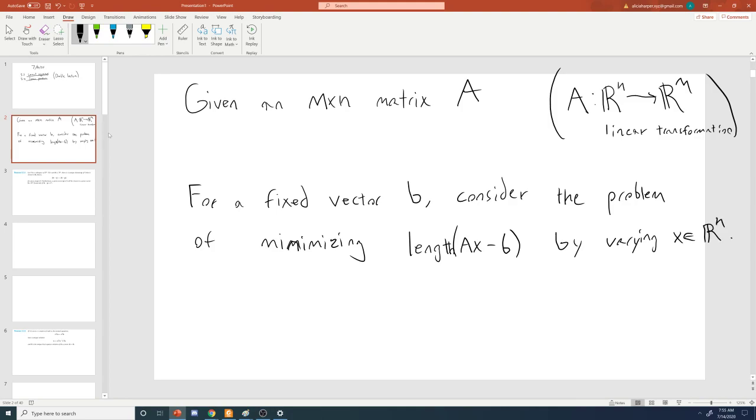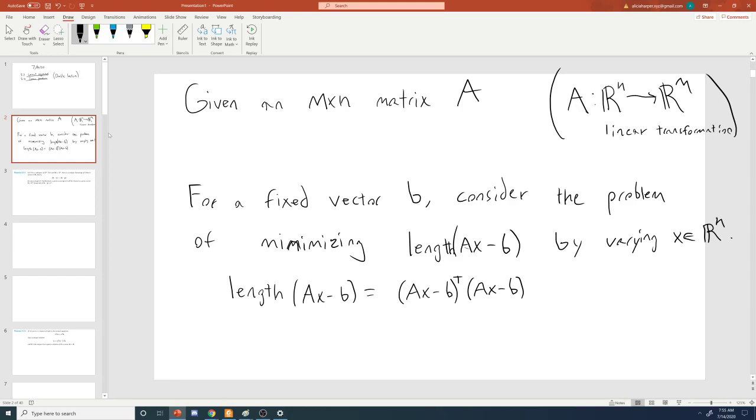Of course, the length squared of Ax minus b is simply the scalar product of this vector with itself. So this is the same thing as (Ax minus b) transpose times (Ax minus b).